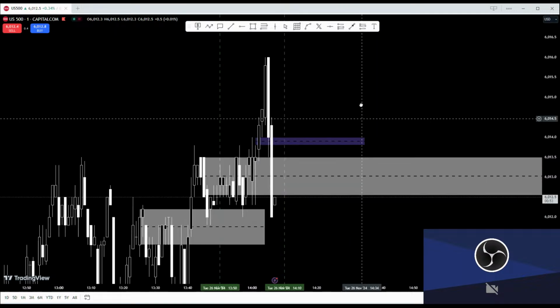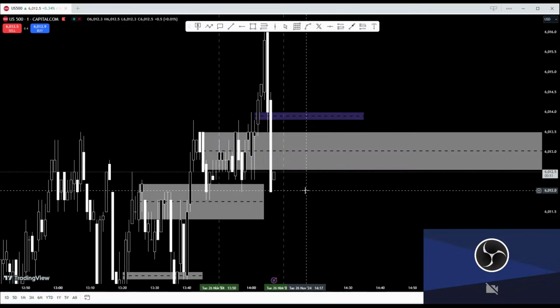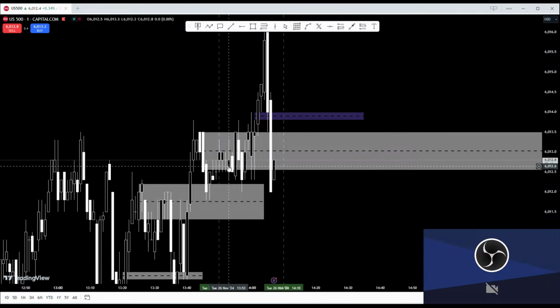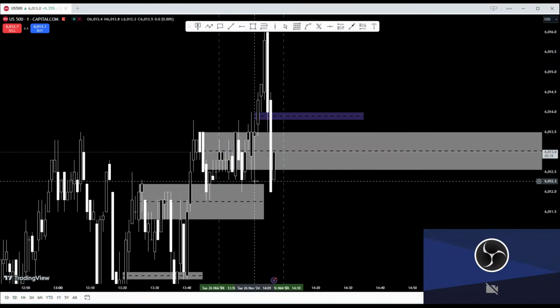Wow, old downstairs candles used as order blocks.